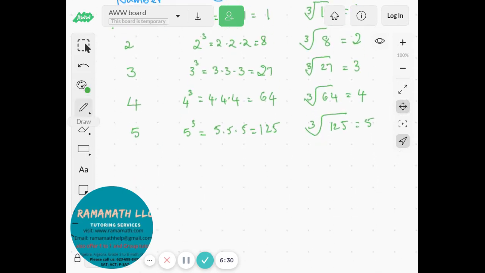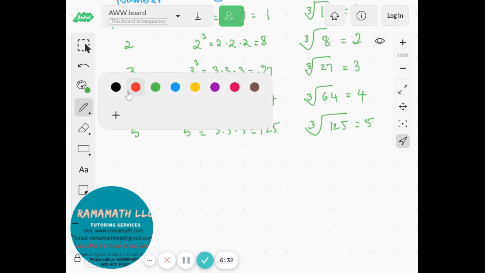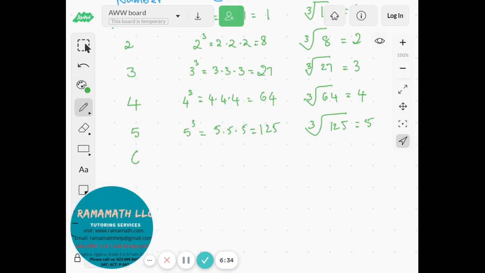Next, number 6. 6 cubed is 6 times 6 times 6, which is 216. And then the cube root of 216 is 6. 7 cubed, 7 times 7 times 7. 7 times 7 is 49, and 49 times 7 is 343.